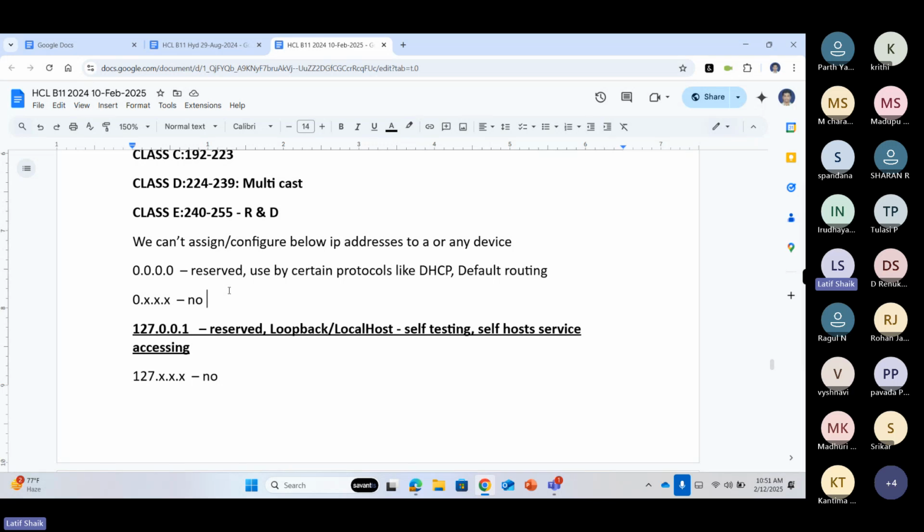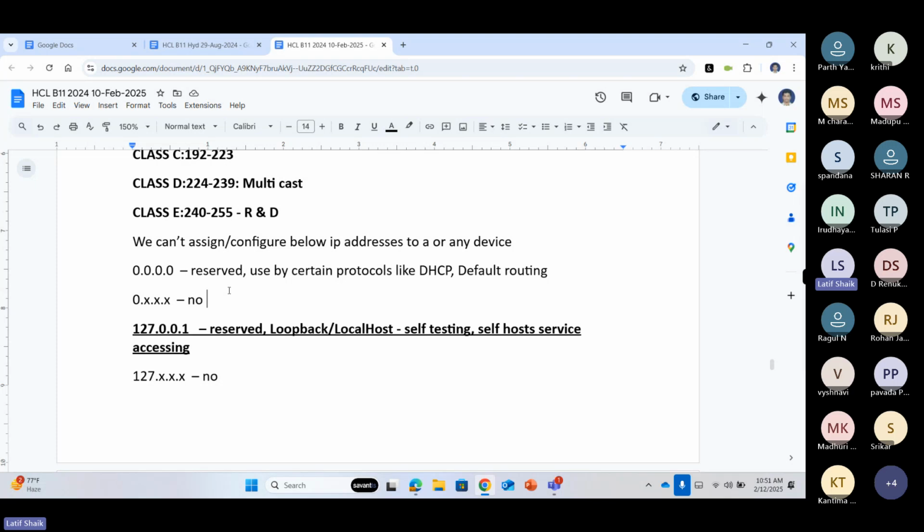Every system has a computer name, mine and yours, but all have a common name, localhost. When you want to call me, you call me Latif, but if I want to refer to myself, I don't say Latif. It's like that, a self kind of IP address.